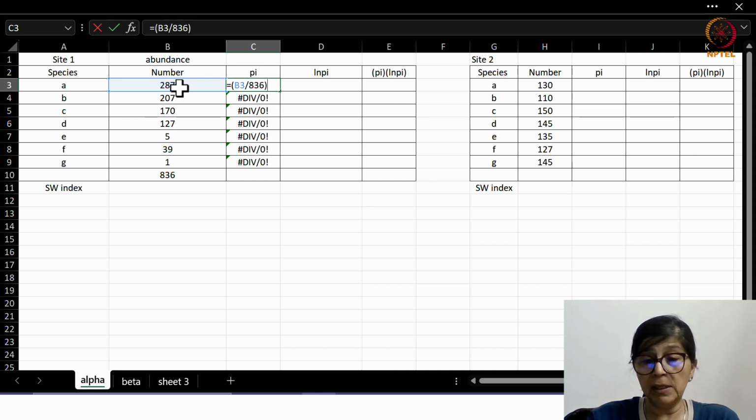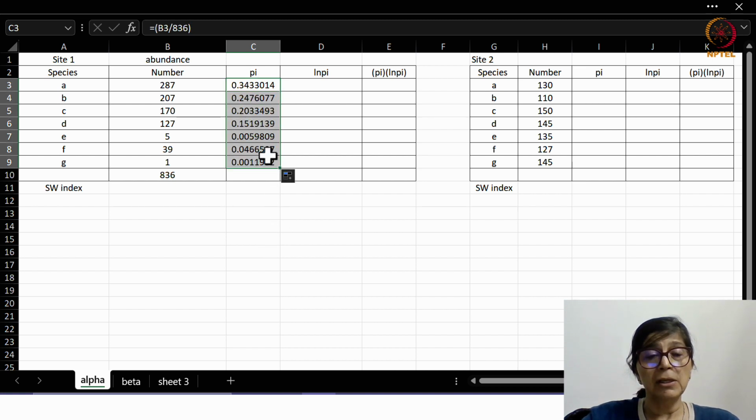That is the easiest way. There's another way where you can actually fix this cell using the dollar sign, but we are not going to do that today. You type the cell and then you get these values. So these are the proportions of each of the species in this area or ecosystem.